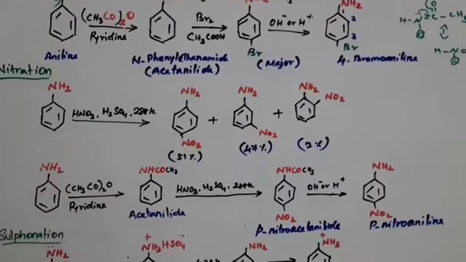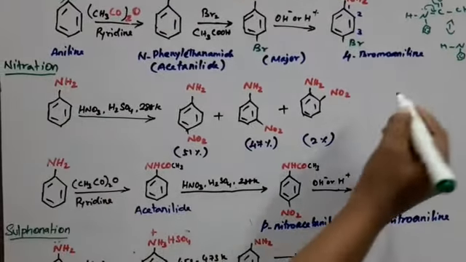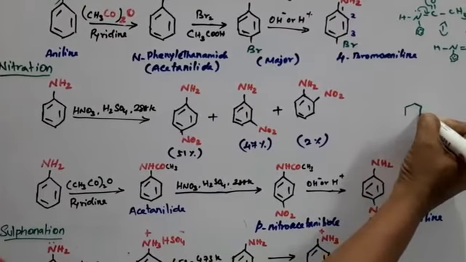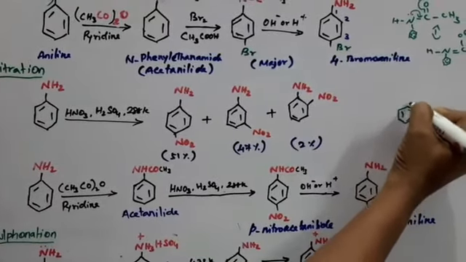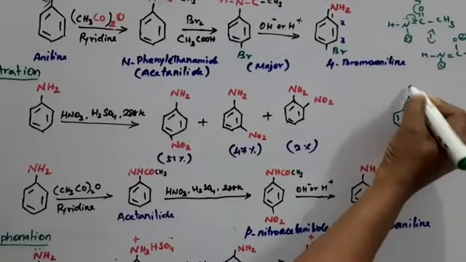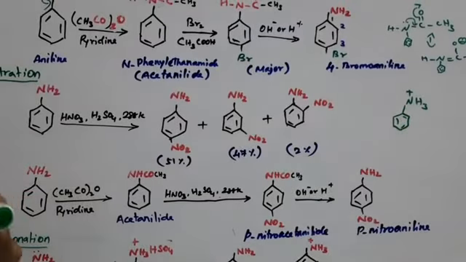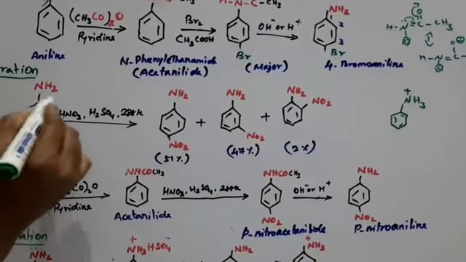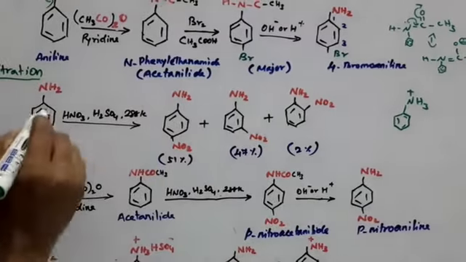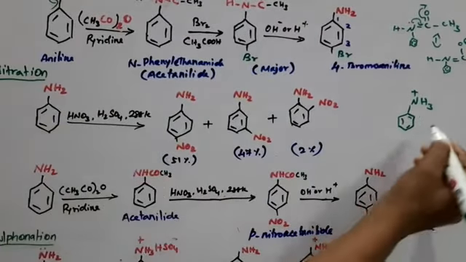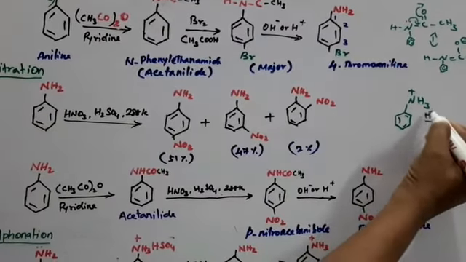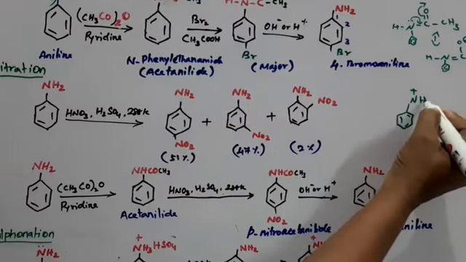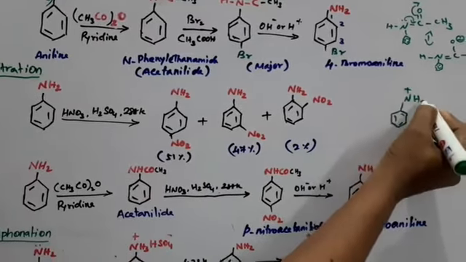heating. So here what's happening, this aniline gets converted to the anilinium ion, NH3 plus, because it is a base. The NH2 is a base. Sometimes in acidic medium protonation takes place, and NH2 is converted to NH3 plus.